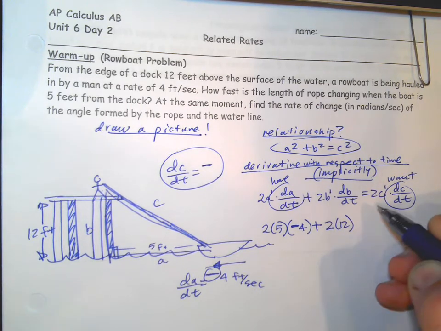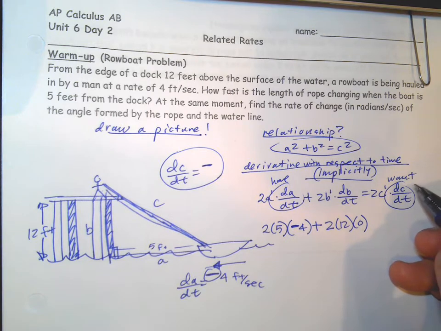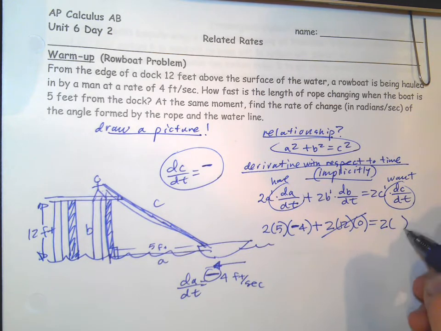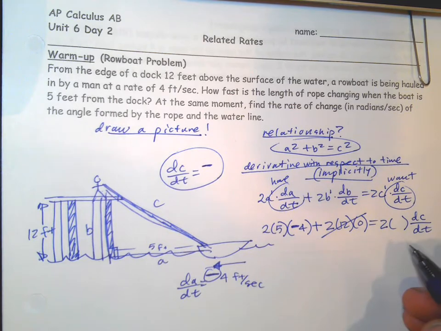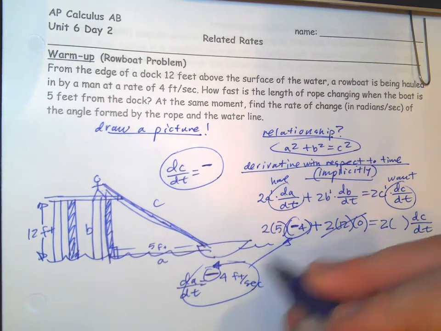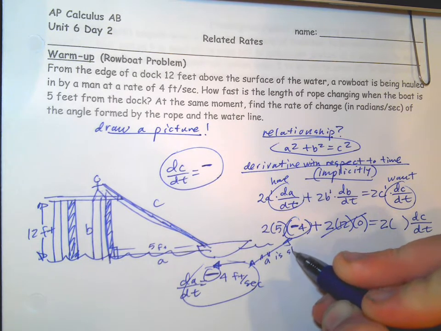How is B changing? It's not. So the derivative of B is 0. So that whole term is going to drop out. C, we don't have C. So we're going to have to figure out what C is from the Pythagorean theorem. So just re-emphasizing why this is negative. A is shrinking.